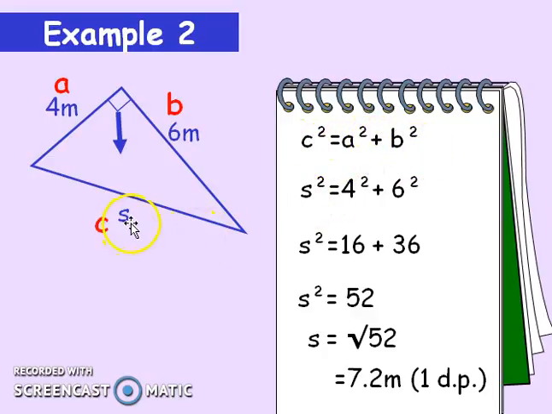C is known as S, so S squared equals 4 squared plus 6 squared, S squared equals 16 plus 36, and then S squared equals 52. So we want to find S. Just use the square root button on the calculator, and we will get 7.2 meters with 1 decimal place. Just the same, but the position of the right angle triangle is slightly different.